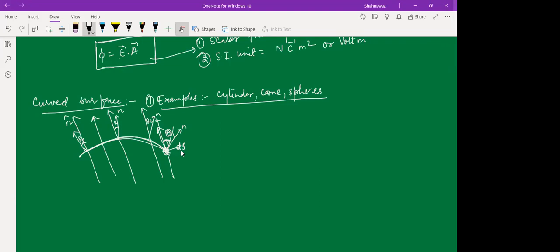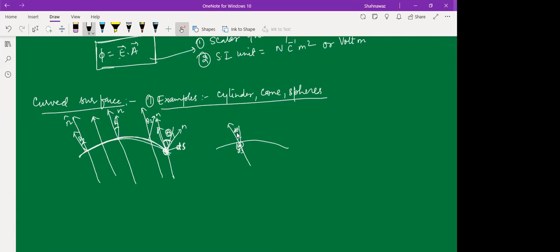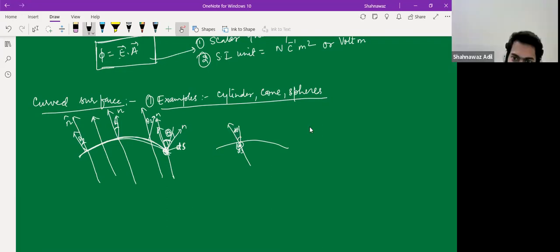Let's say you have this small element ds, and this is the electric field, and this is the normal, with a small angle d theta. For this case, the small flux would be E dot ds.